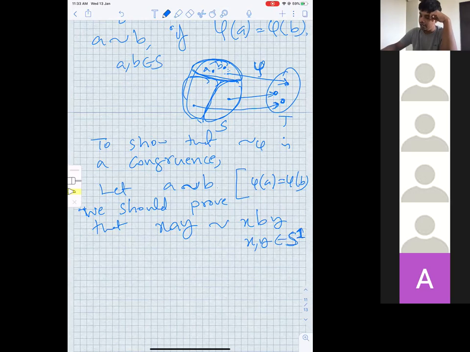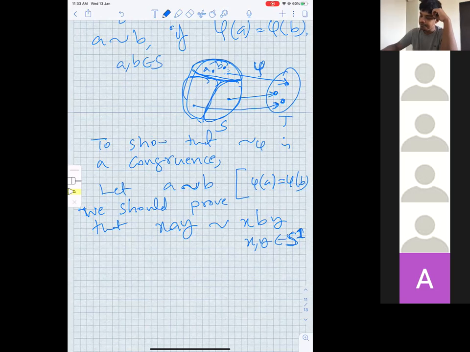I hope the idea behind saying S1 is clear by now. I may not want to multiply by some element on the left and right all the time, so sometimes you can just take it to be the identity. That means you don't have to multiply on the left or on the right. Is this clear?